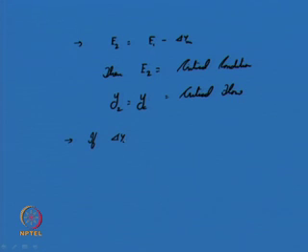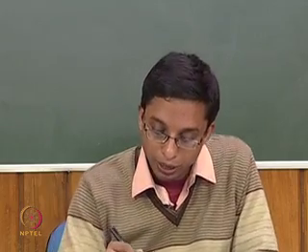If your hump height is greater than the height that is required for critical flow at section 2, what happens? Now, you have to think on your own. Again, go back to the curve.